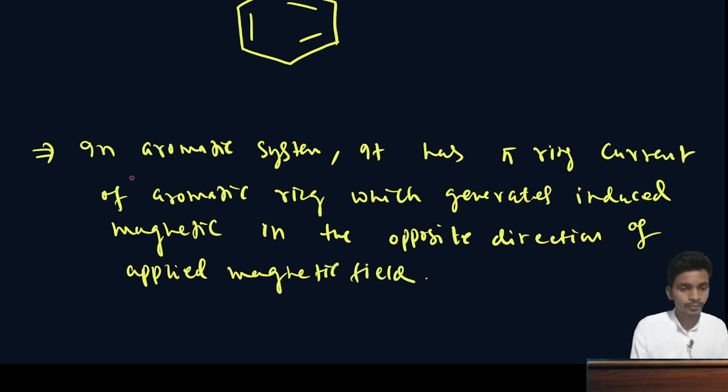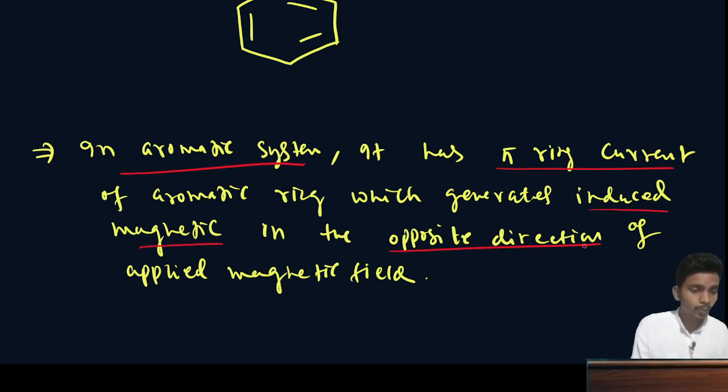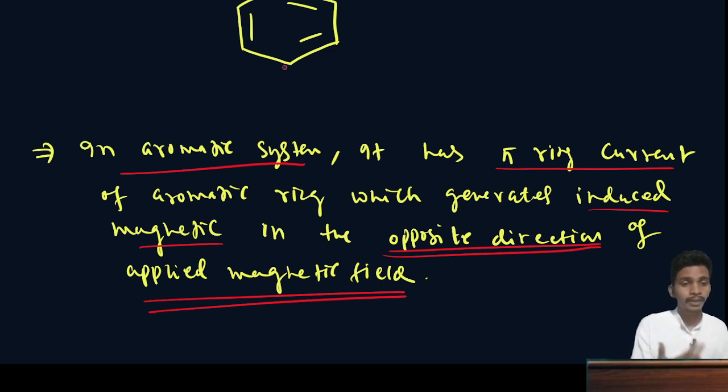So for aromatic systems, the pi ring current generates an induced magnetic field opposite to the applied magnetic field. This effect is called the anisotropic effect in pi ring systems.